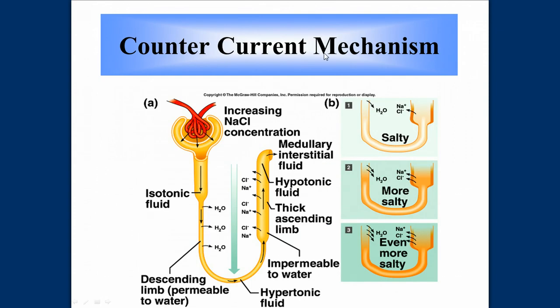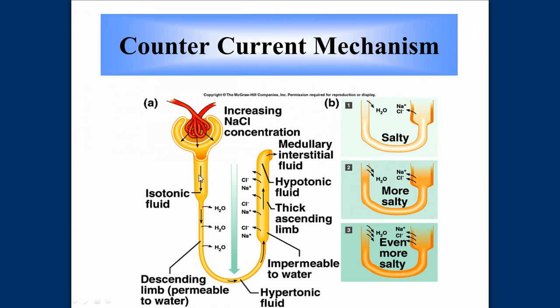So let's talk about the countercurrent mechanism. Now, without ADH, remember that the glomerular filtrate dumps into the glomerular capsule, which dumps into the proximal convoluted tubule.